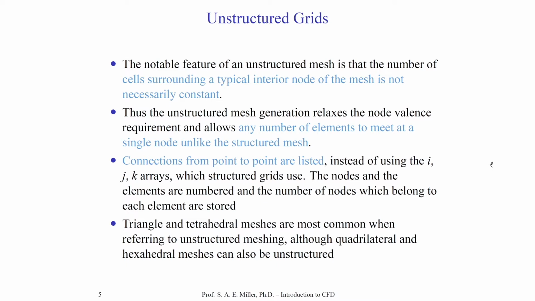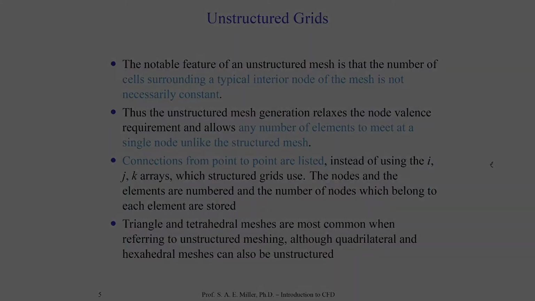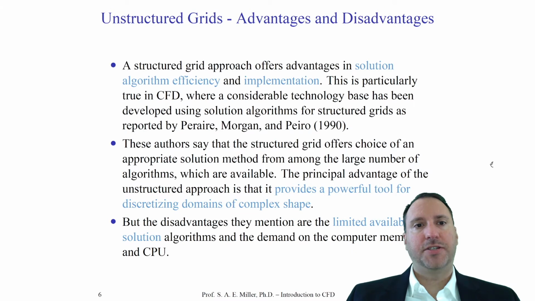Typically, triangular and tetrahedral meshes are the most common for unstructured codes, though quadrilateral and hexahedral meshes can also be constructed. You can imagine I can take a structured mesh and simply write out the connectivity and use it in an unstructured solver. There are certain advantages and disadvantages for unstructured grids. First of all, the structured grid offers a major advantage in algorithm efficiency and implementation.